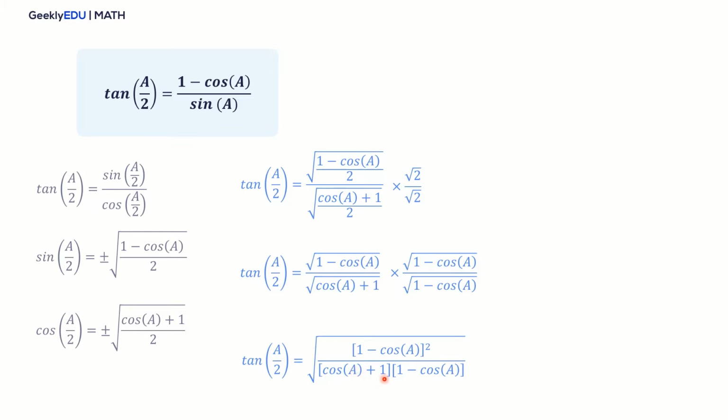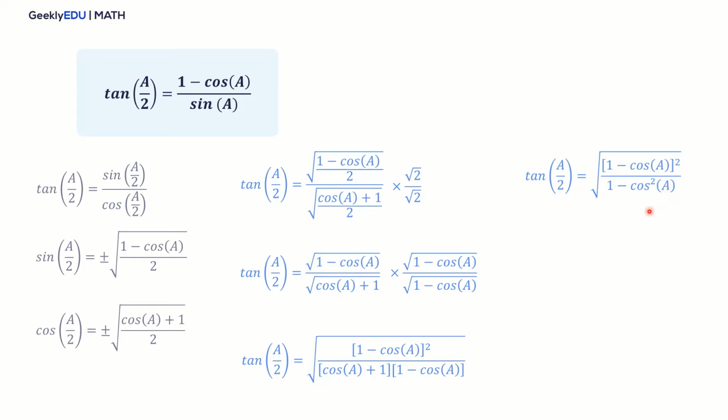So we have x plus 1 times 1 minus x. This would be equal to 1 squared minus x squared. So that's what we have over here. So we have this top part, the entire top part squared over 1 minus cosine squared of a.